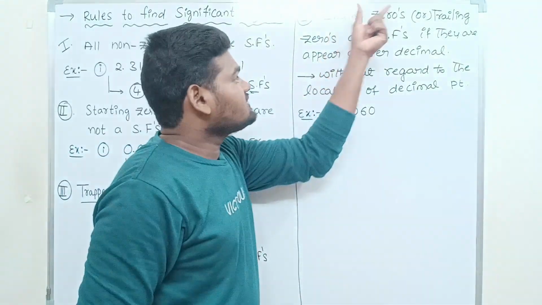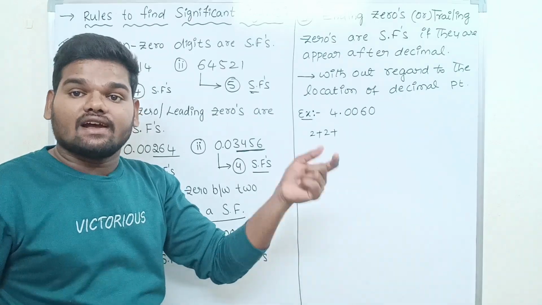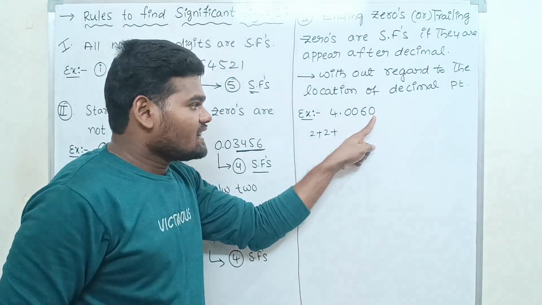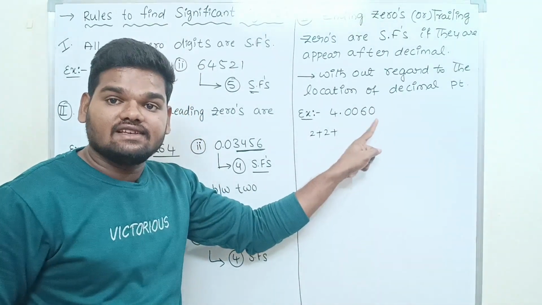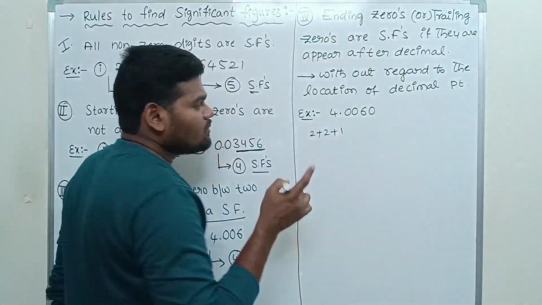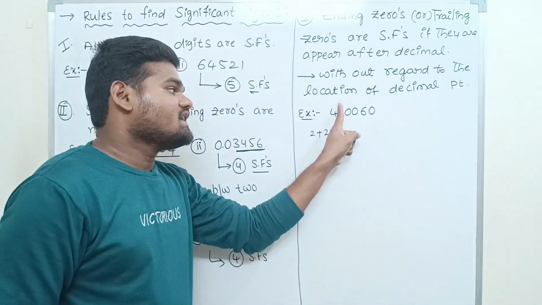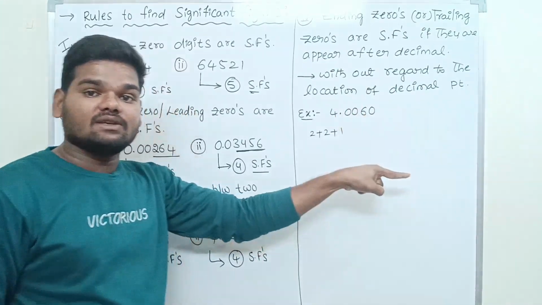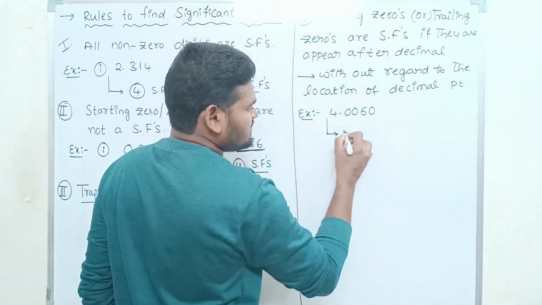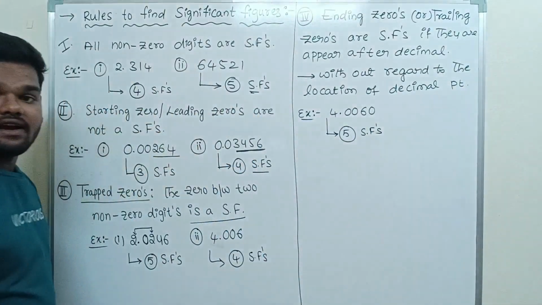Ending zeros are also significant figures, but they must appear after the decimal point. See, after the decimal point we have an ending zero. Now this is also called a significant figure. So totally how many significant figures are there? 1, 2, 3, 4, 5. This zero appears after the decimal and it is an ending zero, so that's why it is also a significant figure. So 5 significant figures. Are you getting it?